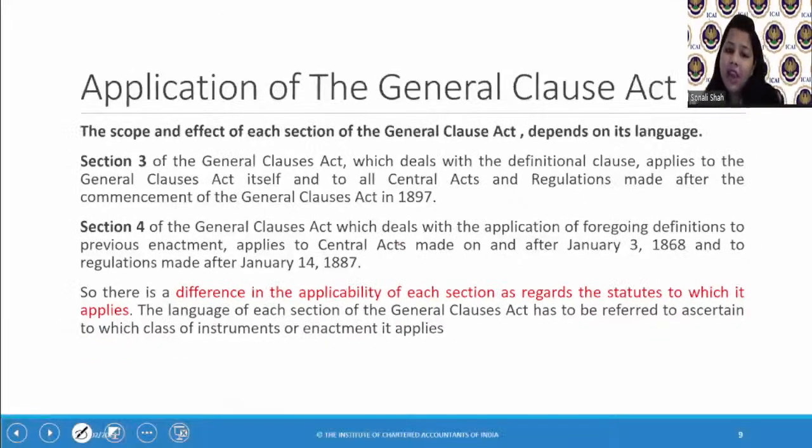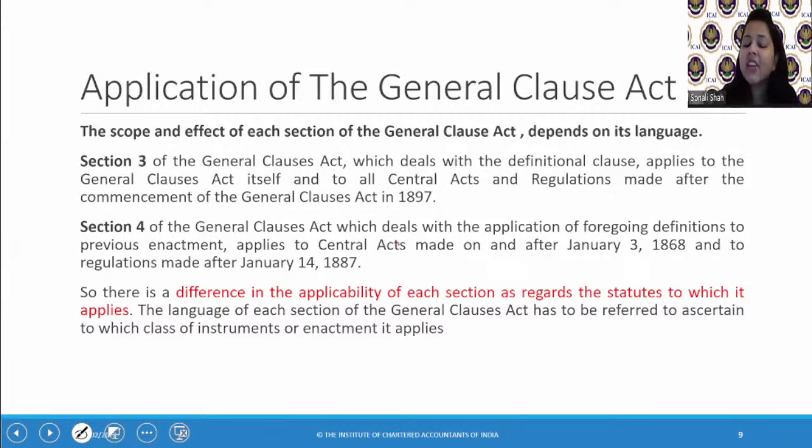Next thing that we have to see is the applicability of the General Clauses Act. One of the very, very unique features of the GC Act is that in every section it provides for its applicability. So we know generally all acts are applicable prospectively, right?